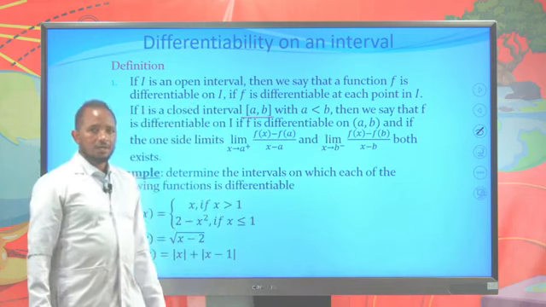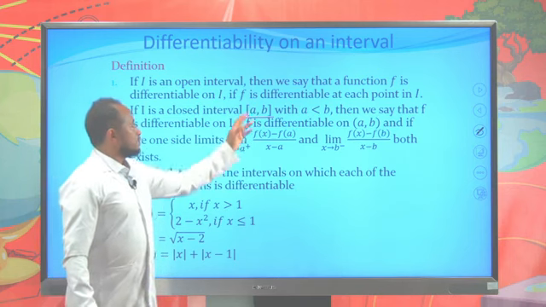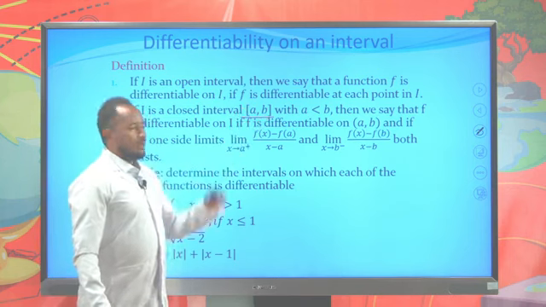In that case, the function is differentiable on the closed interval [a, b].